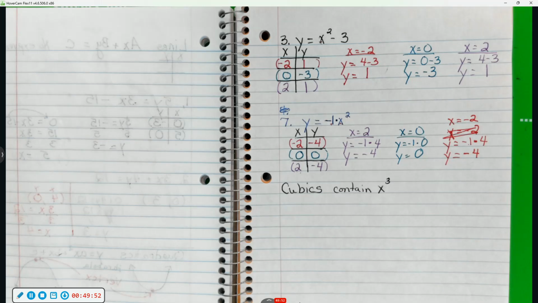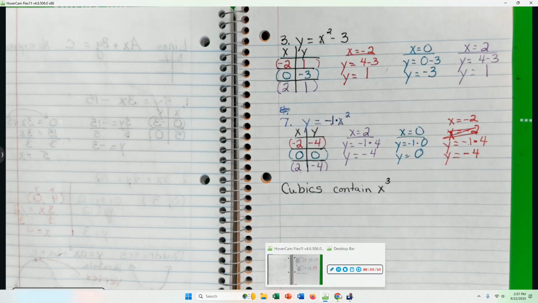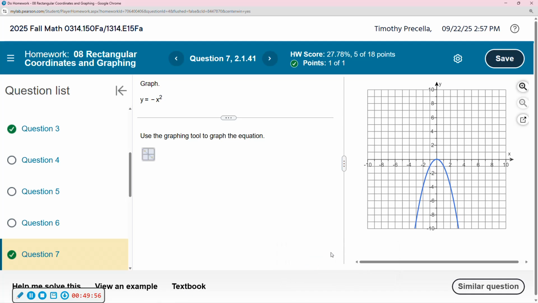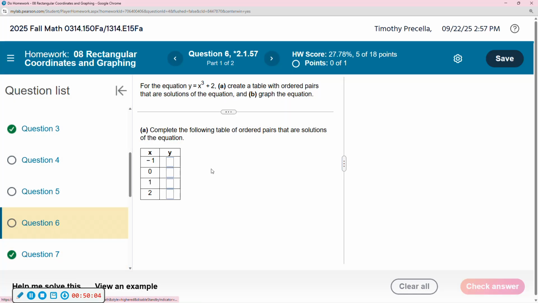Let's see. I have to know which one is the cubic. Okay. Number 6. For the equation y equals x cubed plus 2, create a table with ordered pairs and then graph the solution.